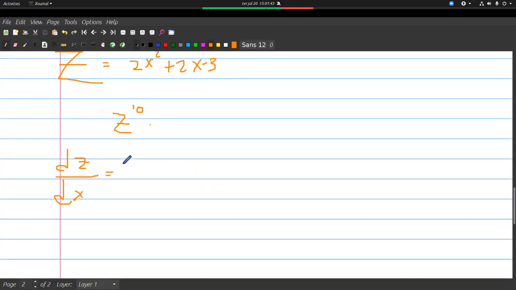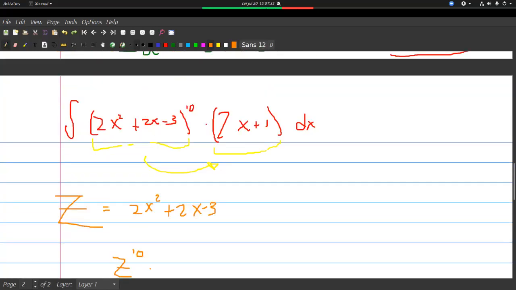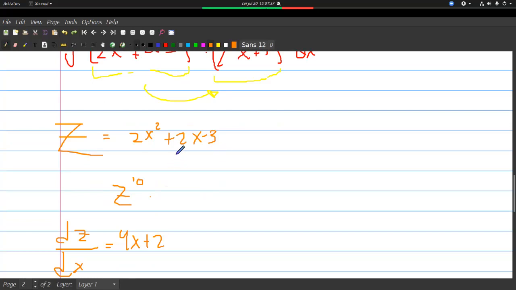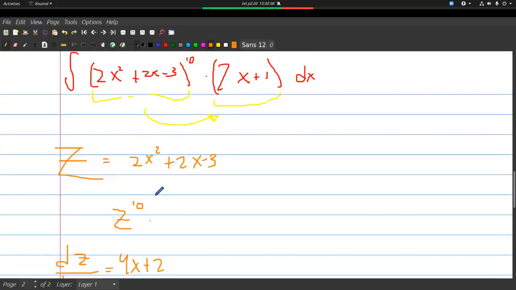That would be 4x plus 2 plus 0, so 4x plus 2, and we can see over here that it's 2x plus 1, so once more we have to divide by 2. So it would be the integral of 1/2 times z to the 10th power dz.